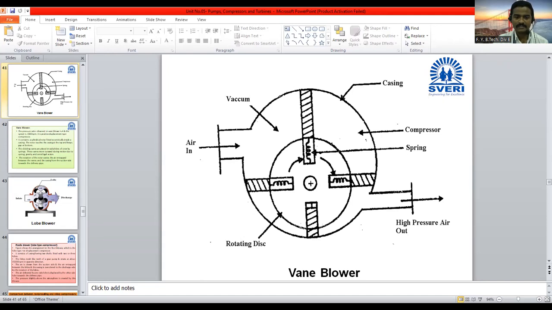You can see the vanes move towards the center of the disc.